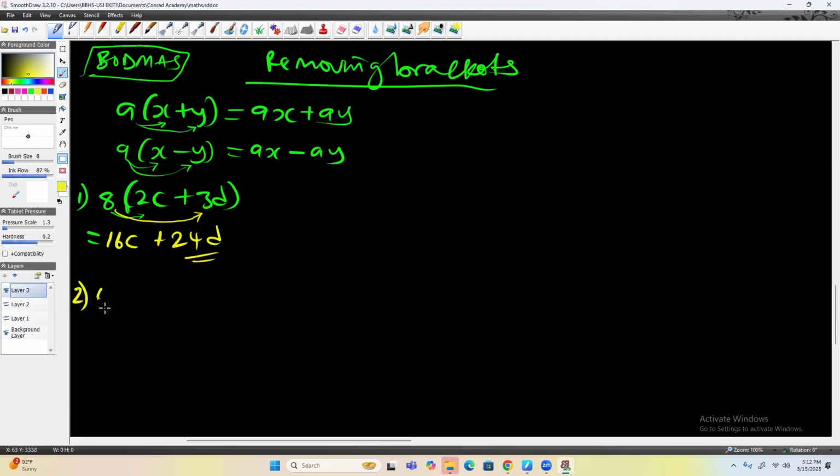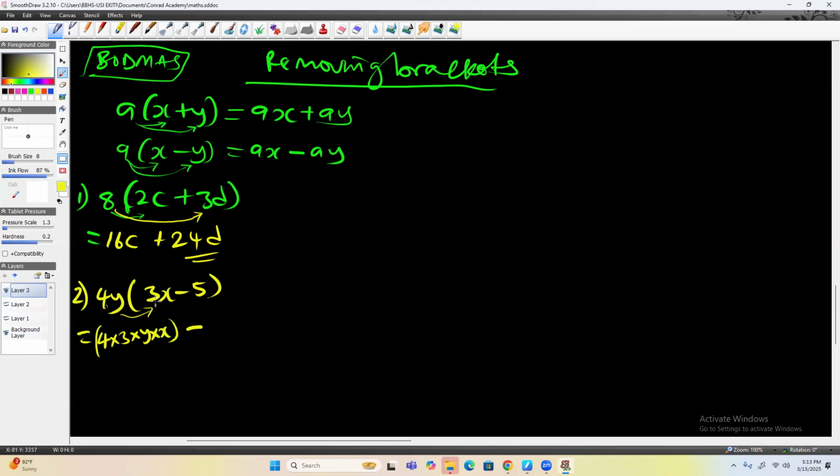So let's try another one. Let's say we have 4y into 3x minus 5. Now, you see here that we have both a letter and what? A variable, right? So we'll go 4y times 3x. So you can do it like this: 4 times 3, then y times x. Okay?